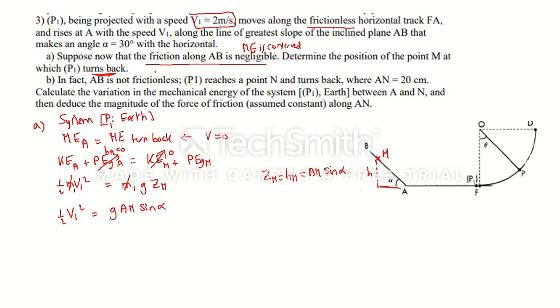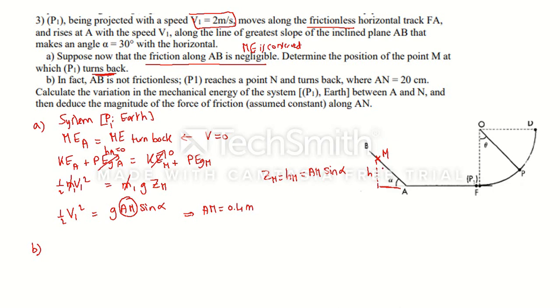The question is to find the position of the point M at which it turns back, so I must find AM. I have g, I have v1 equal to 2, sine 30. Then I can find AM, and we obtain AM equal to 0.4 meter.